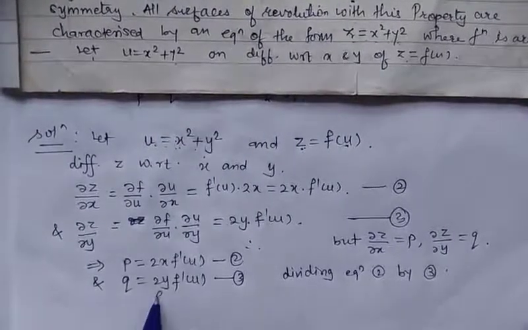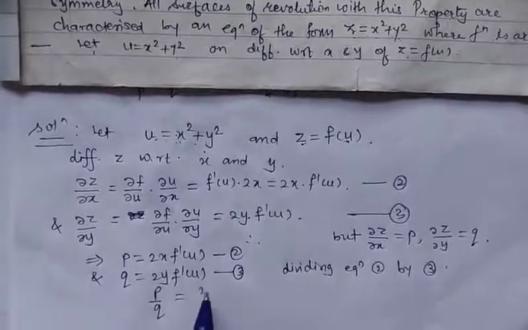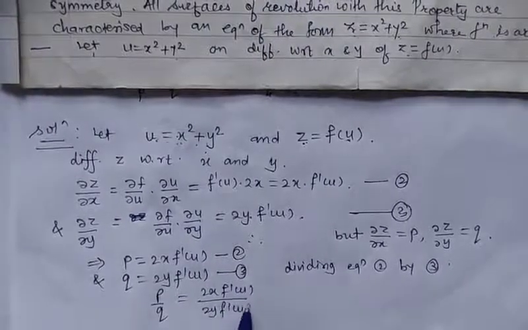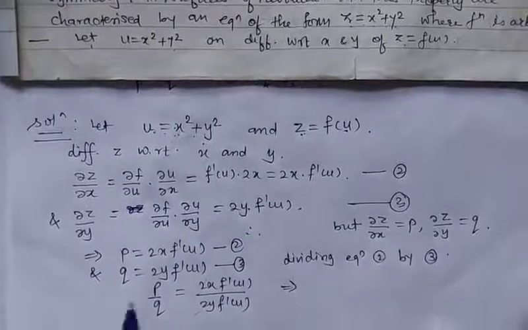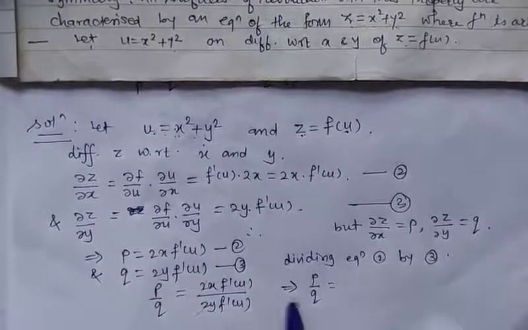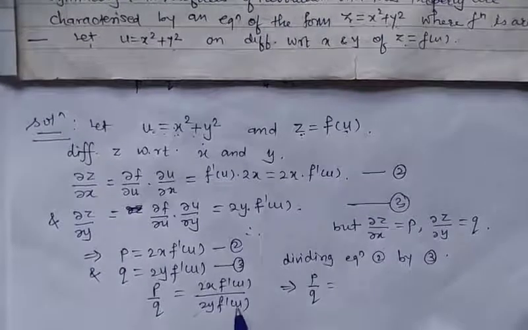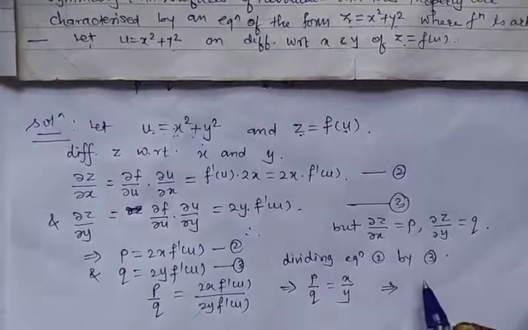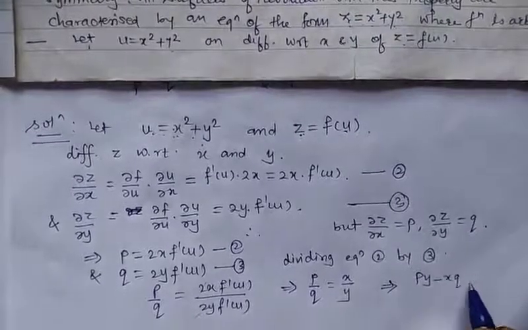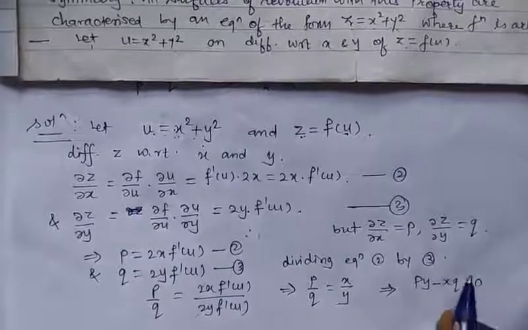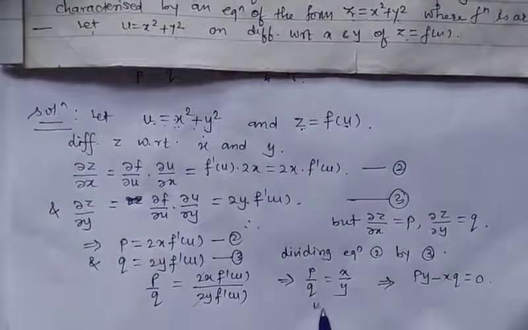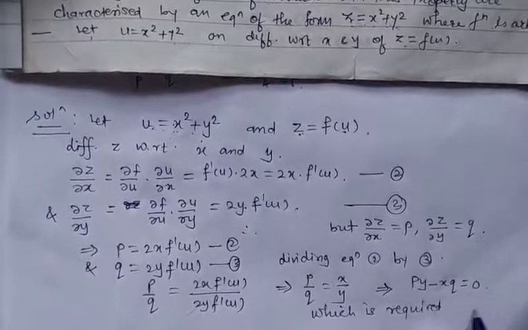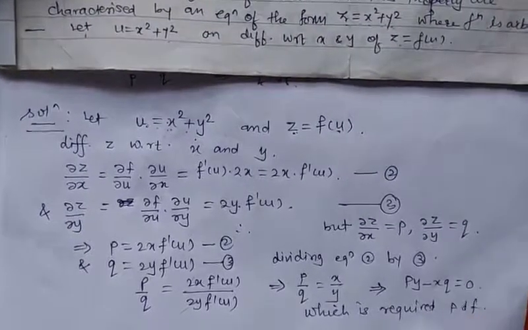Then we get p by q equal to 2x f dash u upon 2y f dash u. The 2 cancels and f dash u cancels, so we get x upon y, which implies py minus xq is equal to 0, and this is the required partial differential equation, the required PDE, right?